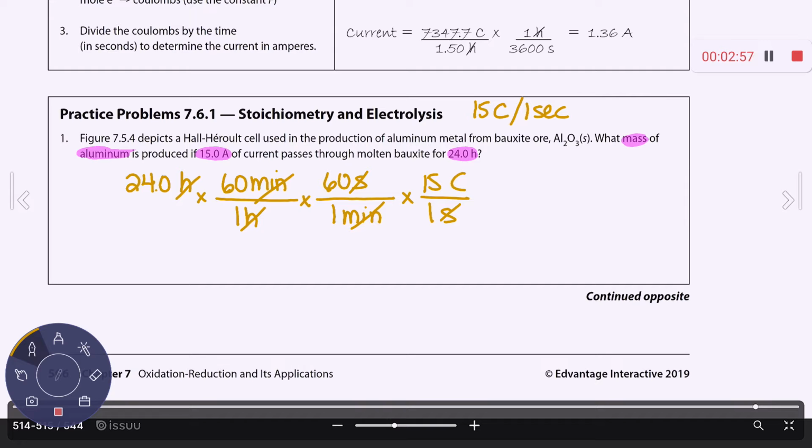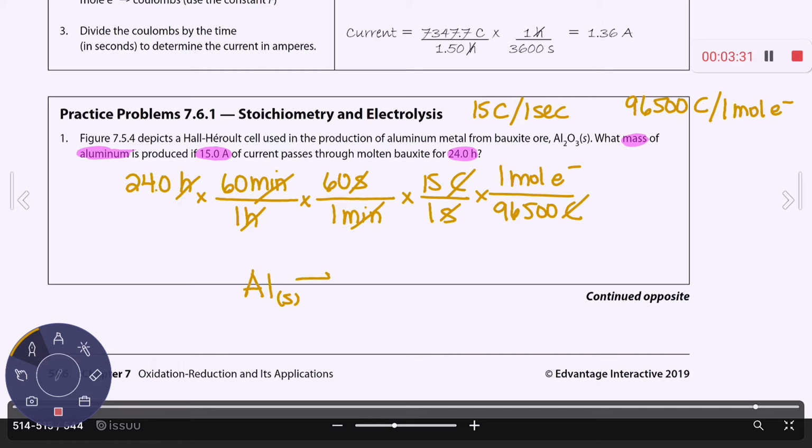Then we can also use the other constant on the previous page, which was 96,500 coulombs per mole of electrons. Now that I've got moles of electrons, since we're using aluminum, if you look at the SRP table at the half reaction for aluminum, it says that aluminum metal will form an aluminum ion and 3 electrons.